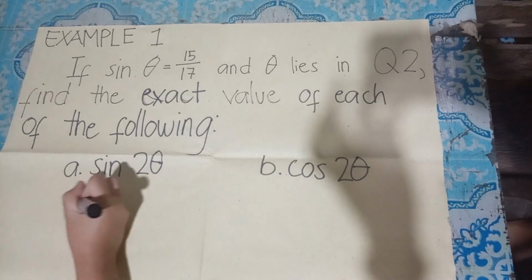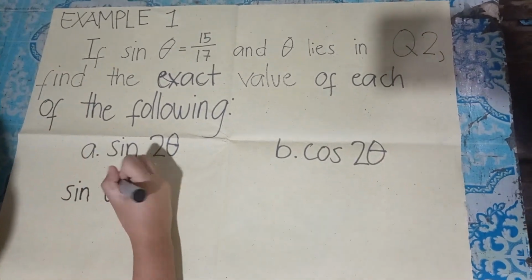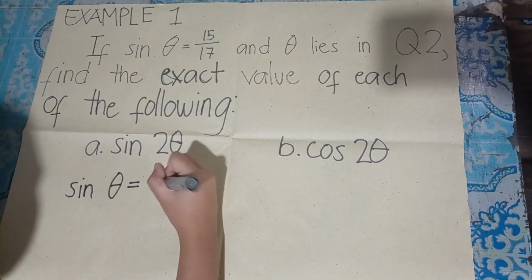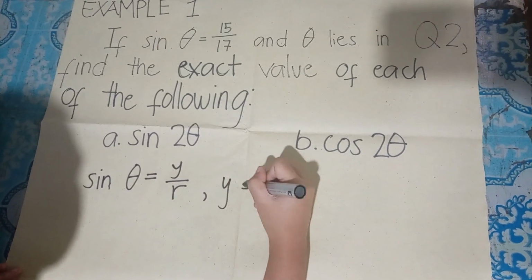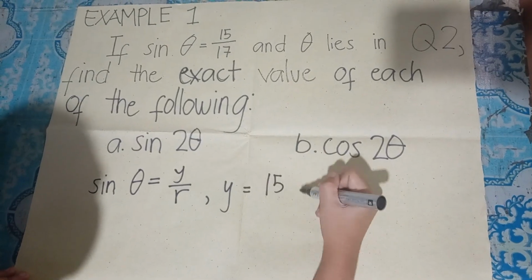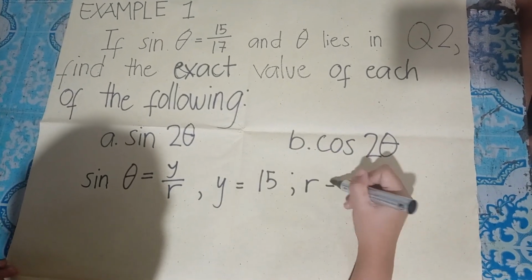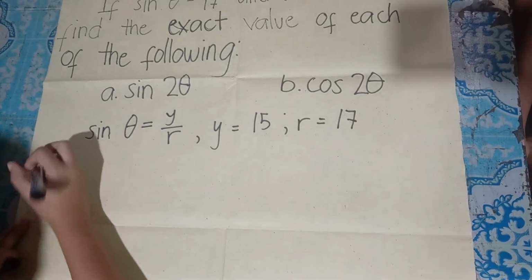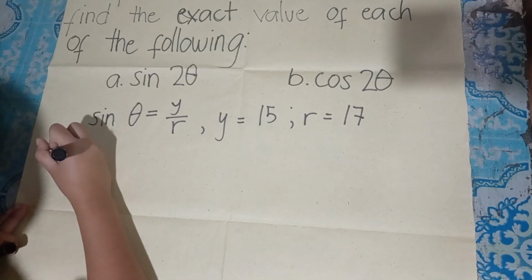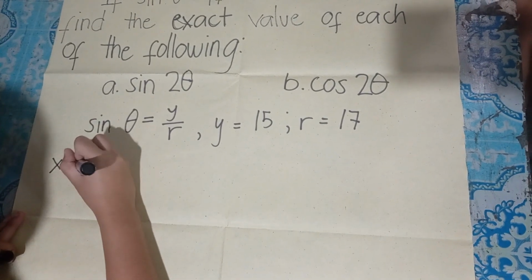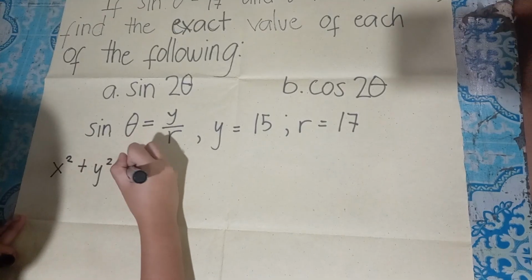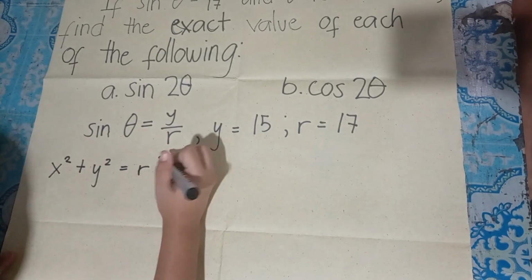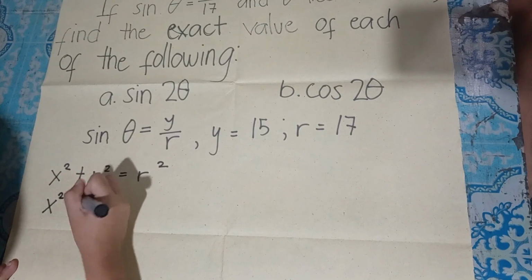Example number 1. Use double angle formulas to find the exact values. We begin with a sketch that illustrates the problem. Since sine theta is equal to y over r, this means that y is equal to 15 and r is equal to 17. By using these values, we can solve for x. Because the angle lies in quadrant 2, x is negative. In solving for x, we will use the formula x squared plus y squared is equal to r squared.